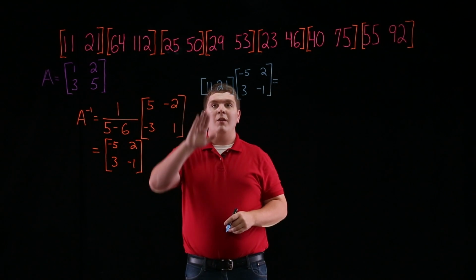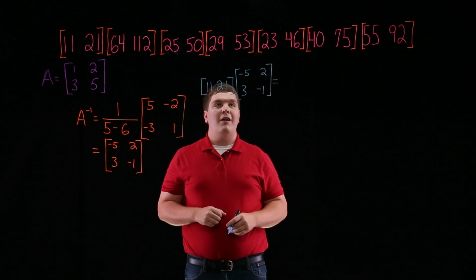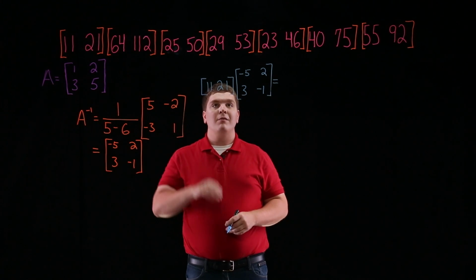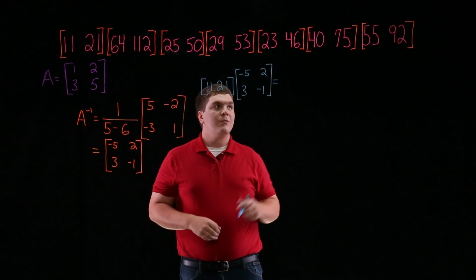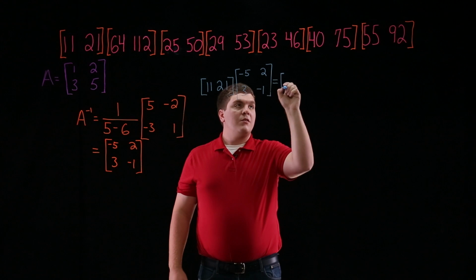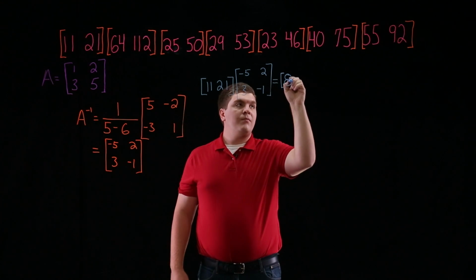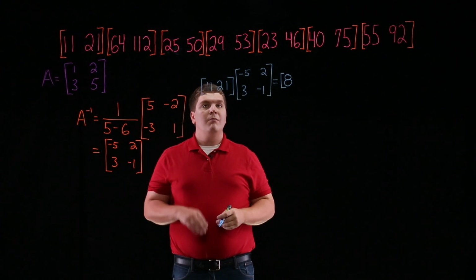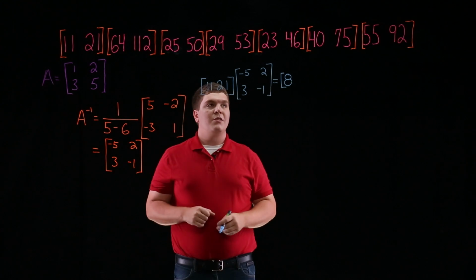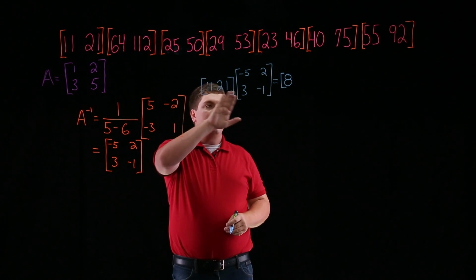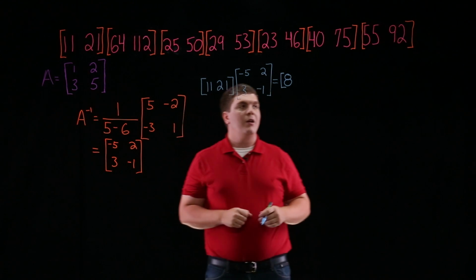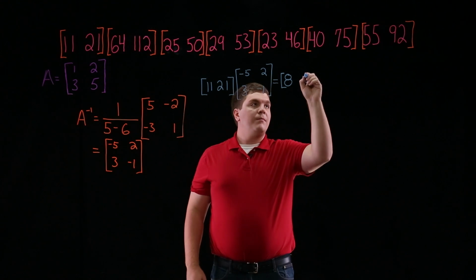In the first column, we'll have 11 times negative 5, which is negative 55, plus 21 times 3, which is 63. So the first column will have an 8. In the second column, we have 11 times 2, which is 22, plus 21 times negative 1, so we'll have a 1.